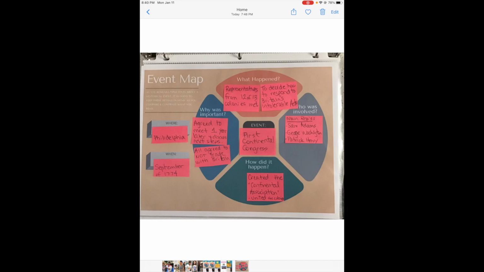The main representatives were Samuel Adams, George Washington, and Patrick Henry. All 12 representatives created what became known as the Continental Association, which united the colonies. As a result, they all agreed to not trade with Britain and to meet a year later.